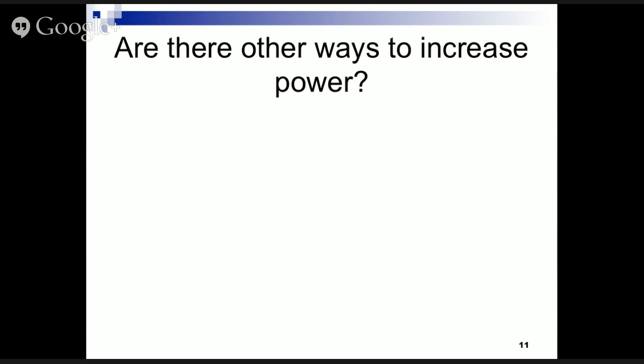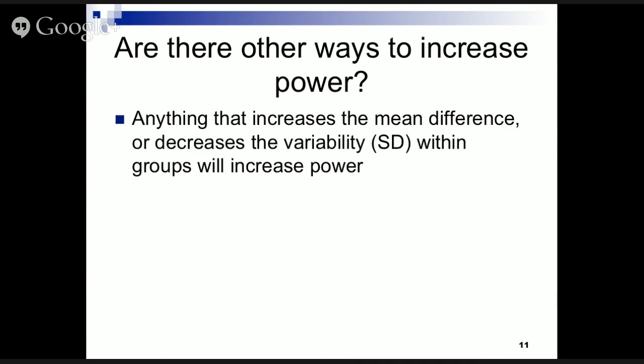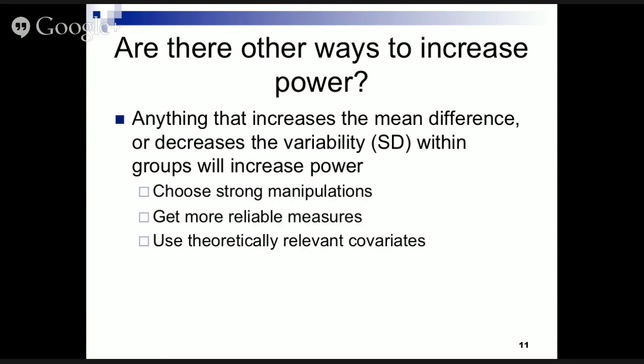So what are some other ways to increase power? The general idea is that anything that increases the mean difference between your conditions or that decreases the variability within groups will increase your power for a given sample size. If you're doing experimental work, you can try and choose stronger manipulations.